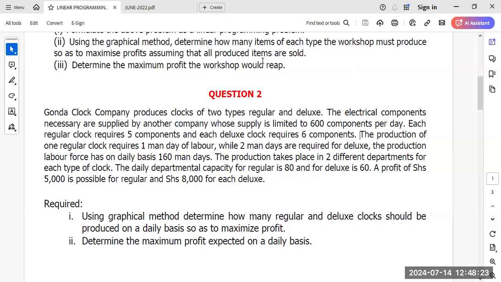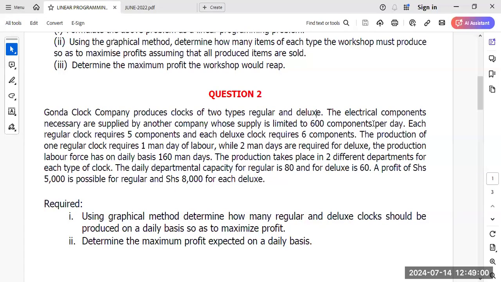Which inequality do we have from here to here? Which inequality have you observed? Less or equal to where? 600. They are telling us that the electrical components necessary are supplied by another company whose supply is limited to 600 components. These 600 components are not restricted to each type of product.